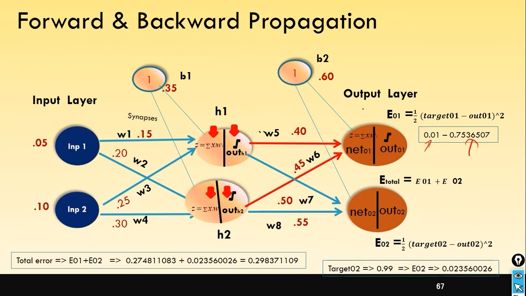So in the case of back propagation, what happens once the forward propagation is done? The idea is to minimize the cost function, the error, by passing the error back, in terms of adjusting the weights of the previous layers.